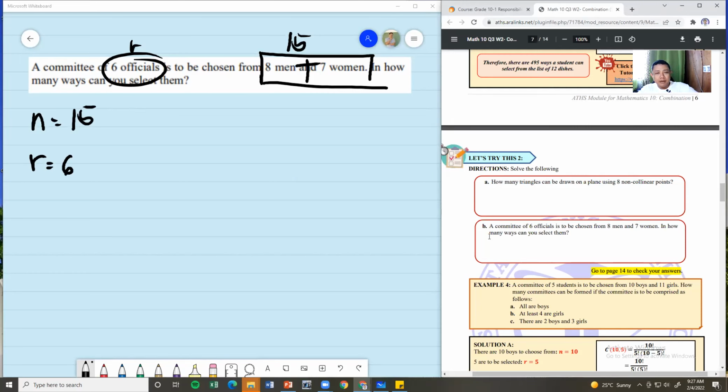Correct. What about the rest? Let's wait for the rest. How many committees can be chosen from these participants? Be sure when you type your answer, your solution or your unit should be complete. Okay? And your classmates got it correctly.